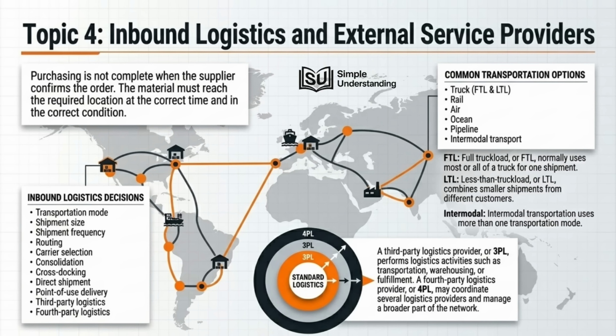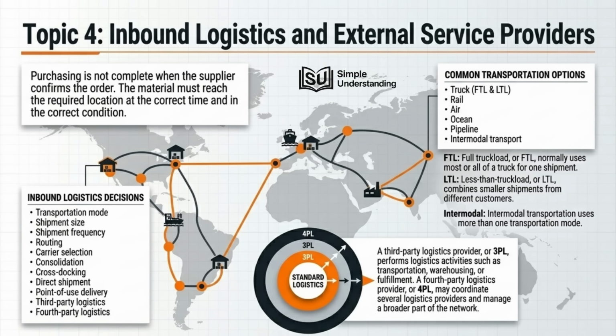Inbound logistics decisions may include transportation mode, shipment size, shipment frequency, routing, carrier selection, consolidation, cross-docking, direct shipment, point-of-use delivery, third-party logistics, fourth-party logistics. Common transportation options include truck, rail, air, ocean, pipeline, and intermodal transport.